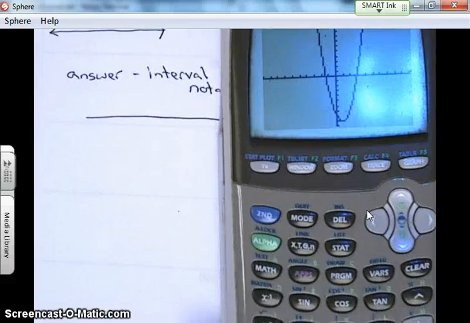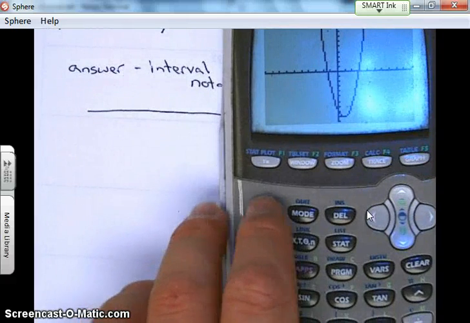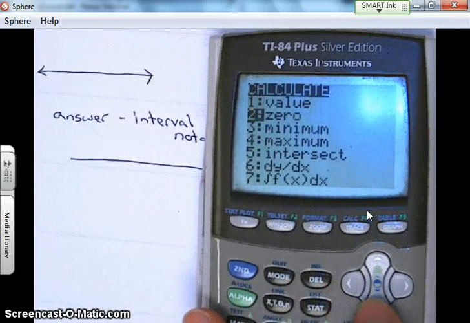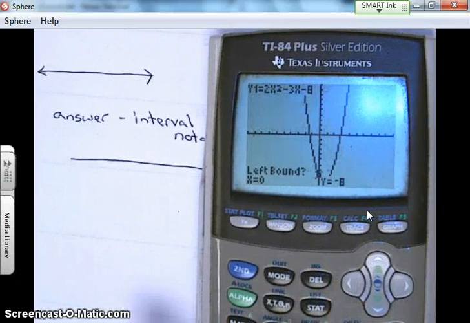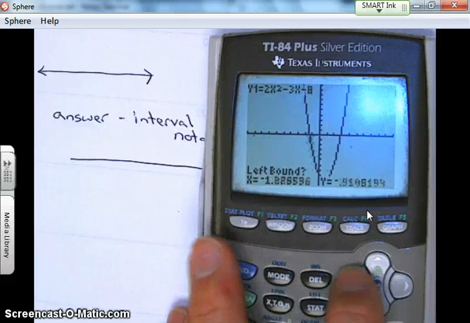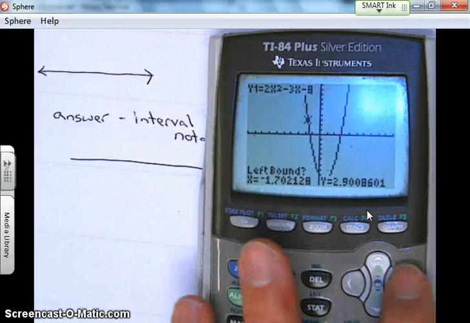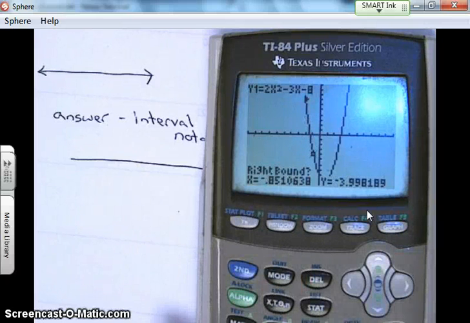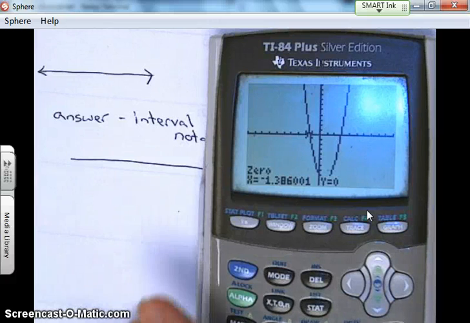You can solve using the quadratic formula, or we press second, trace, 0. And let's find the one on the left first. Enter, go to the right, enter, enter. So negative 1.4.